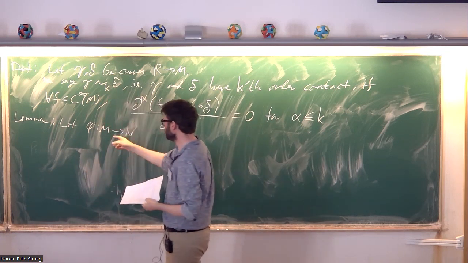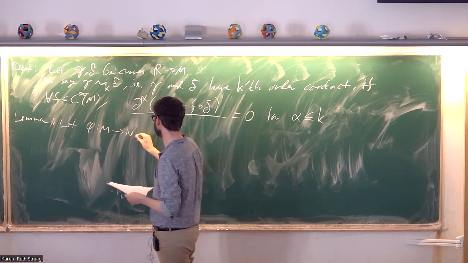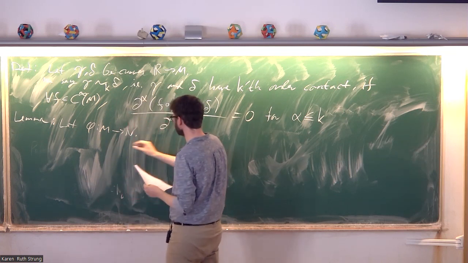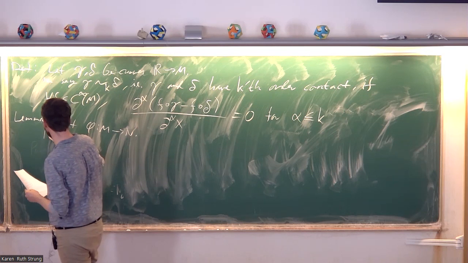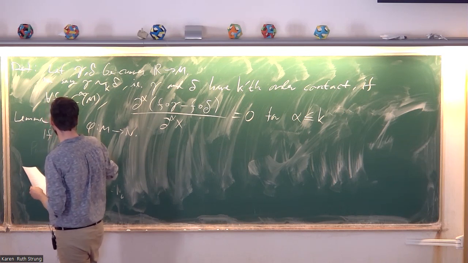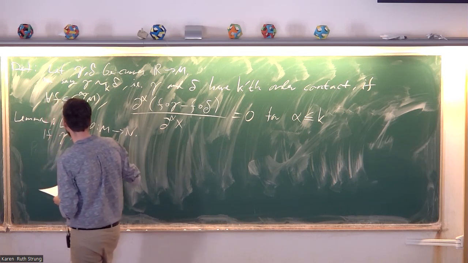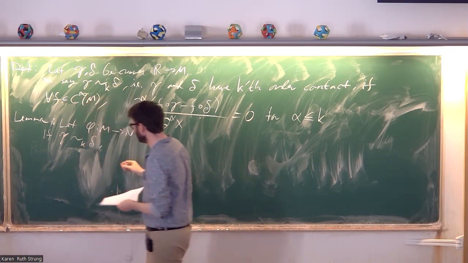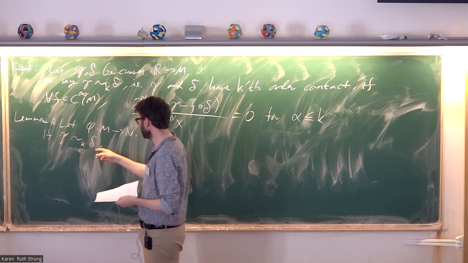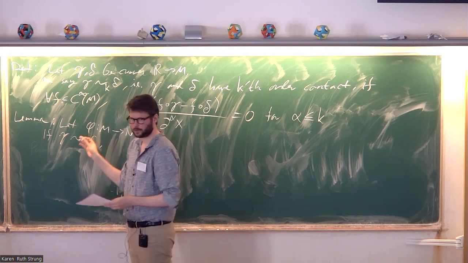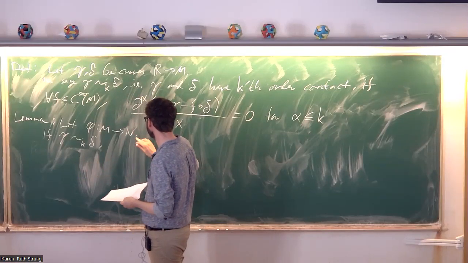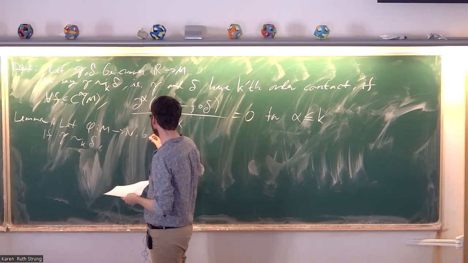So let's take a smooth map. If you have kth order contact, then the pullback along the smooth map will also have kth order contact. Maybe we just emphasize that it's smooth.